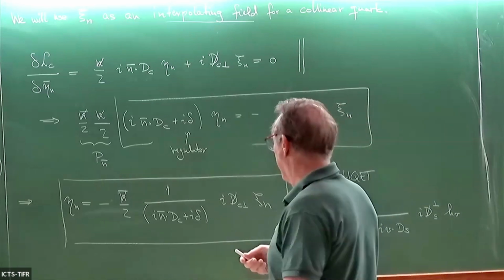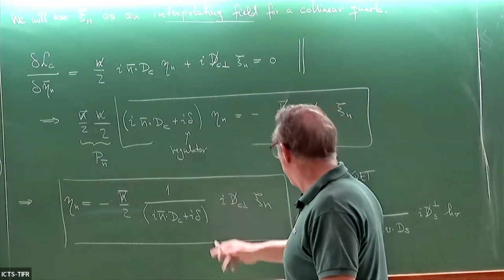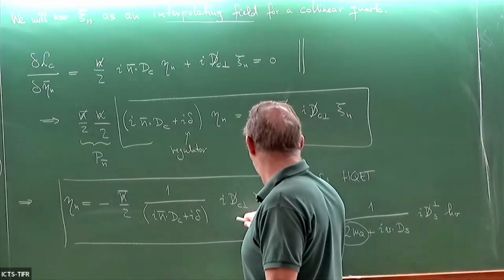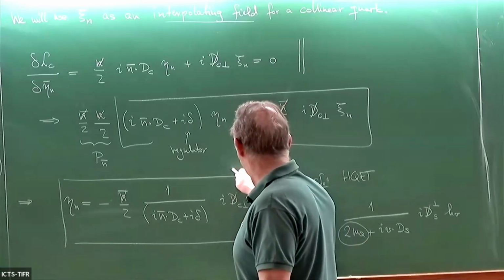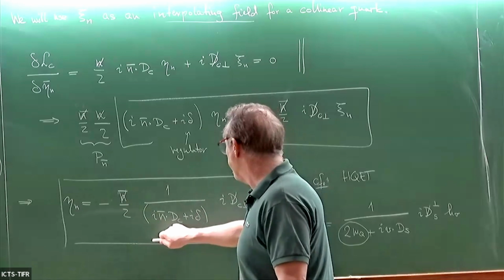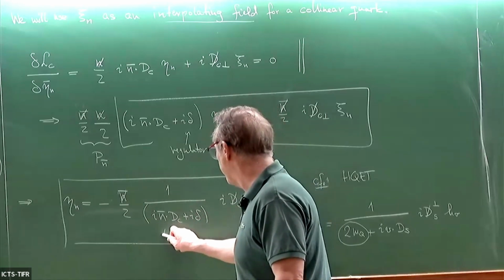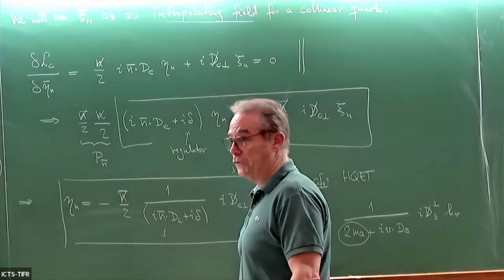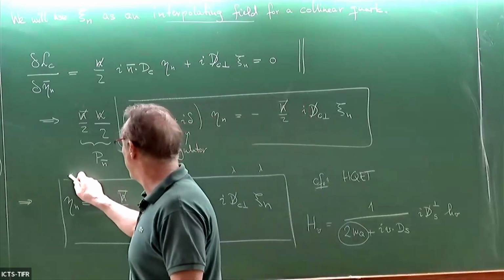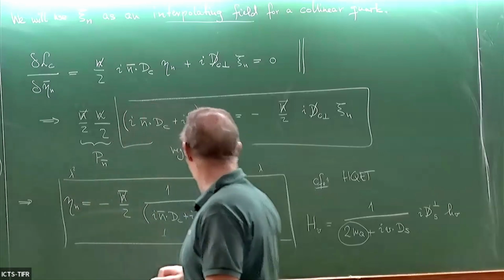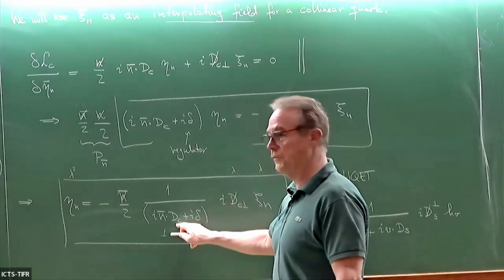Here we don't have that. If you look at the power counting, xi is order lambda, perp derivative is order lambda, n bar dot d is order 1, that's the big component of a collinear object. So you see that eta is order lambda squared, it's power suppressed, because this is order lambda, this is order 1.